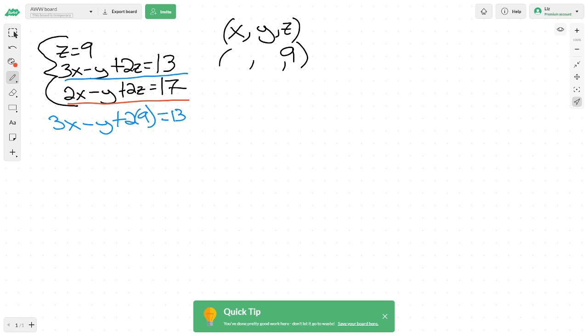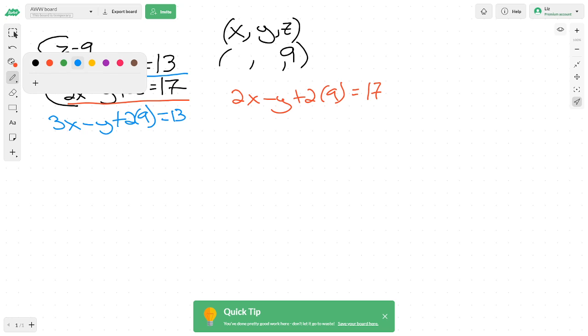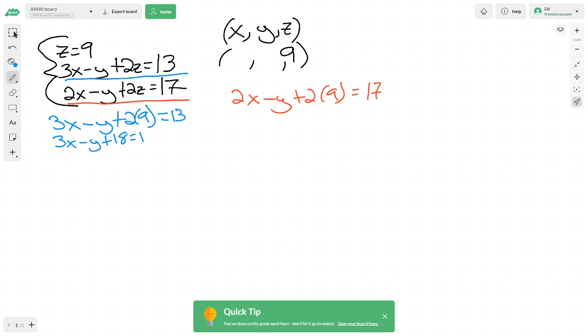And then I have 2x minus y plus 2 times 9 equals 17. So I'm going to solve each equation here. Subtract the 18. And I have 3x minus y equals negative 5.